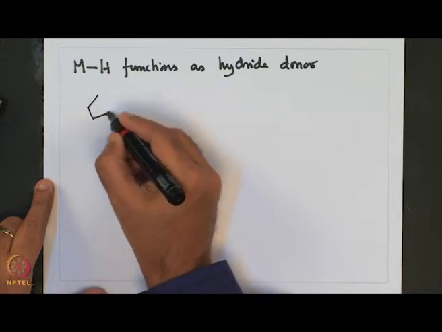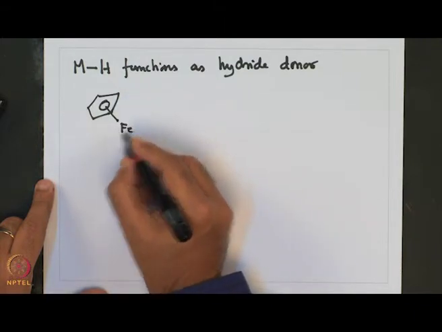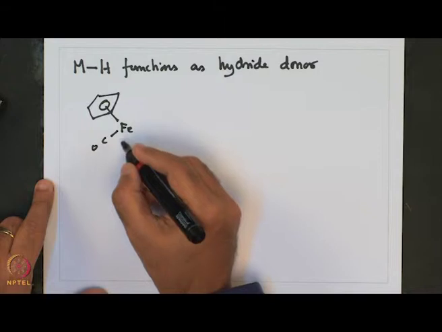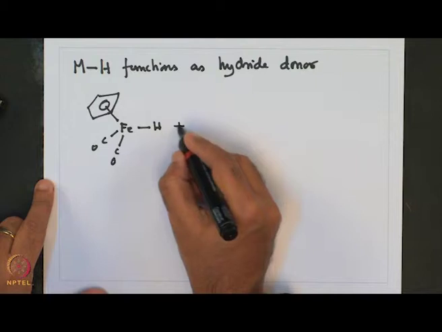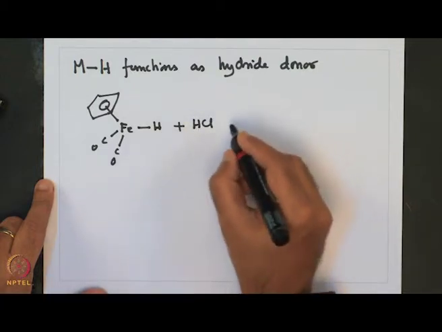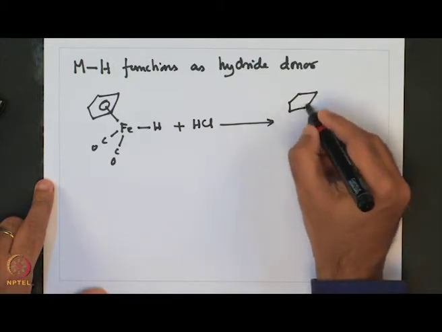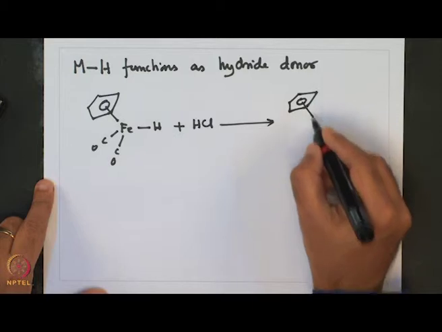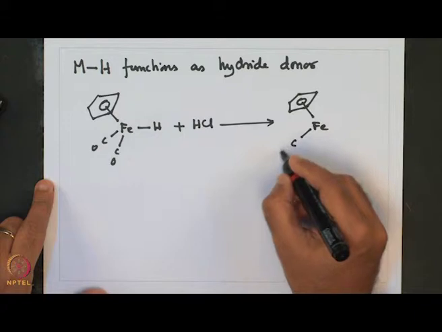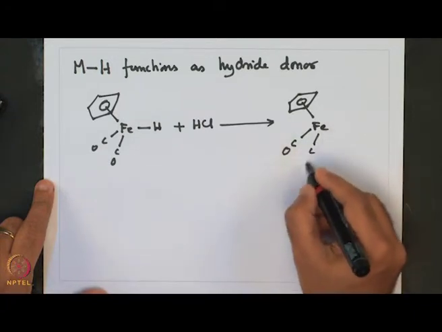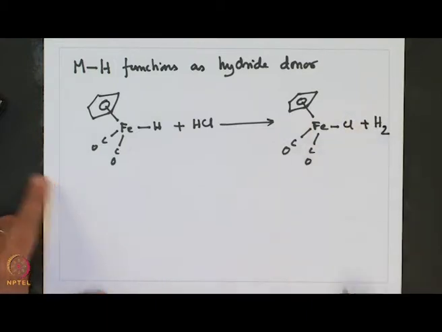For this complex, CpFe(CO)2H plus HCl giving CpFe(CO)2Cl plus H2.